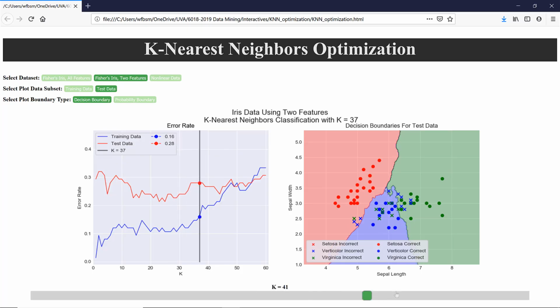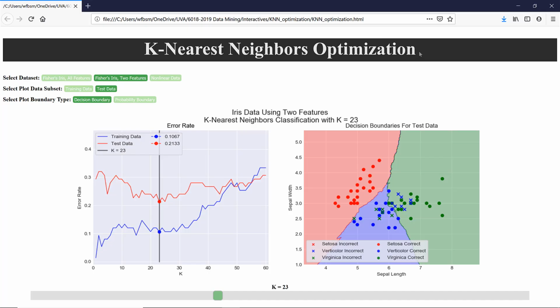And then as we increase K too high, we get test data error that starts to rise again. So if we're trying to pick K, and we often use these sorts of plots to pick K, the question is, how do you choose your K? In this case, we'd choose K to get our test data error rate at its lowest, so K would be somewhere in this range.